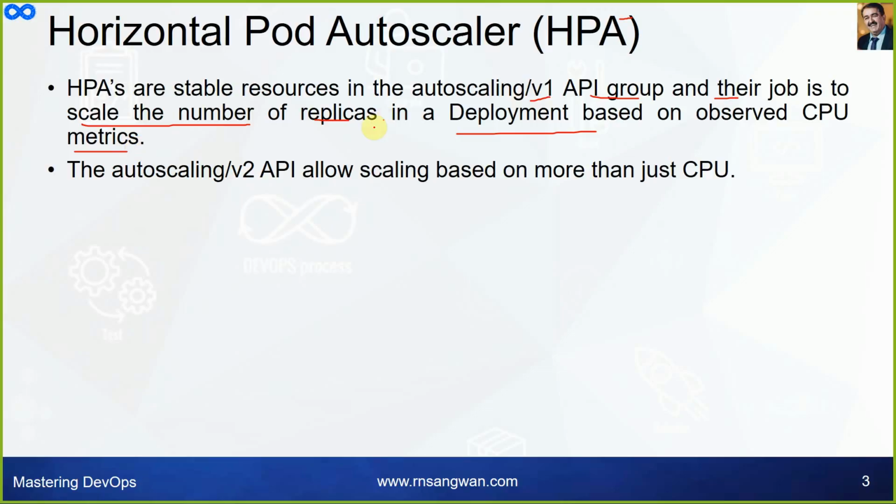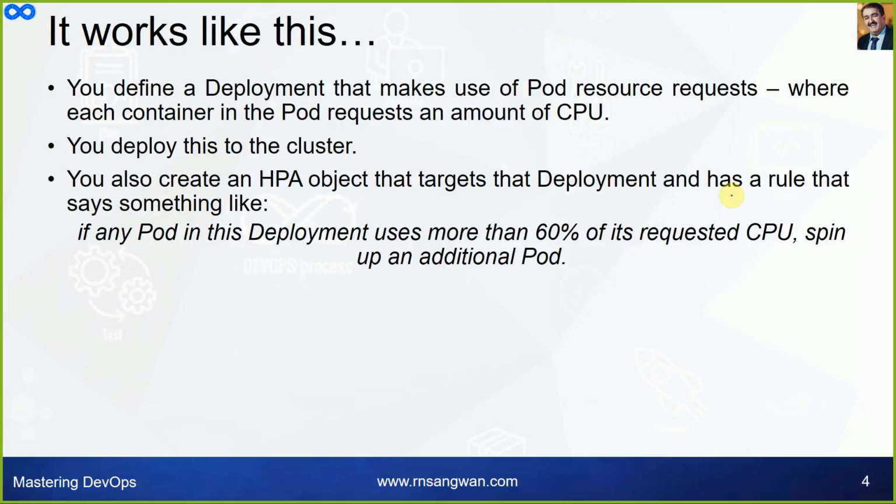Autoscaling version 2 API allows scaling based on more than just CPU, and we'll be using version 2. Depending on what version is available, you can use that. It works like this: you define a deployment that makes use of pod resource requests, where each container in the pod requests an amount of CPU.